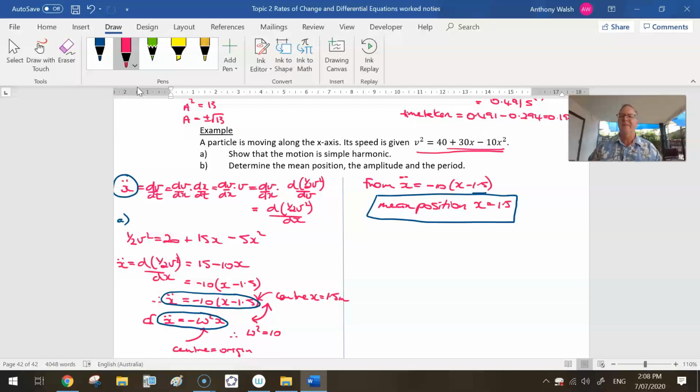Now, at x equal to a, the amplitude, what do we know? Well, at that extreme location, we already know that for simple harmonic motion, when the displacement is equal to the amplitude, velocity is equal to 0, because it's got to stop before it can come back.